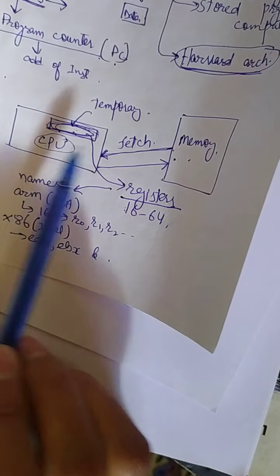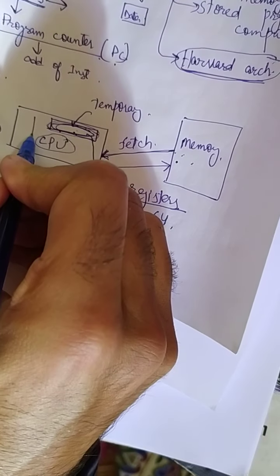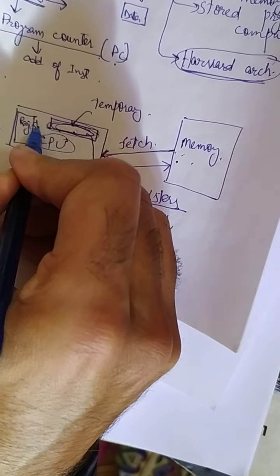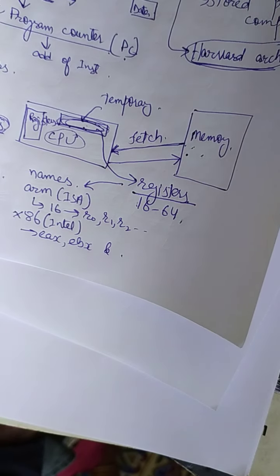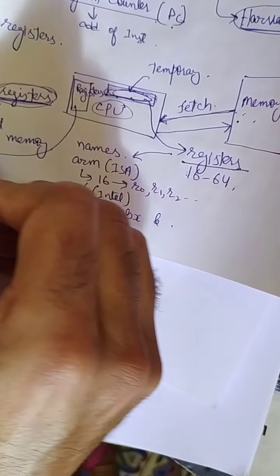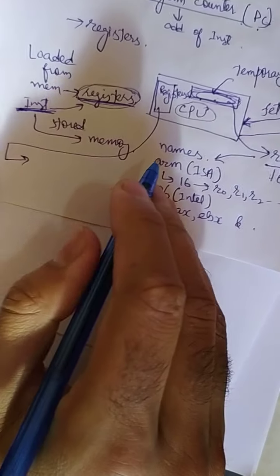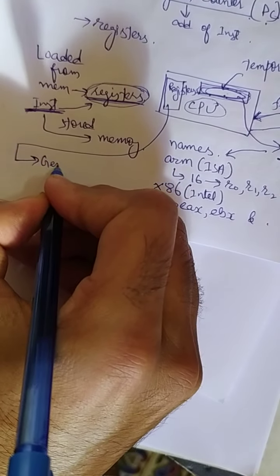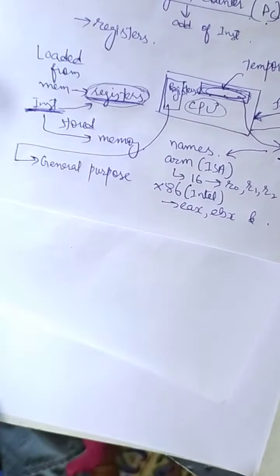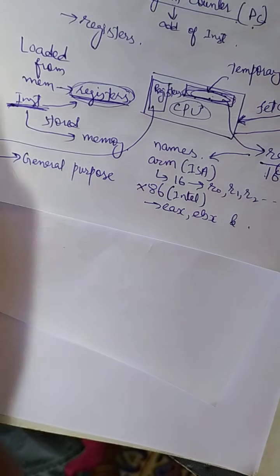Okay, so now the model is we have a CPU, we have memory, and we have a register file. So we have a set of registers inside the CPU. And there are two different types of registers. One is general purpose registers, which are used for general purpose instructions like adding, subtracting, multiplying.